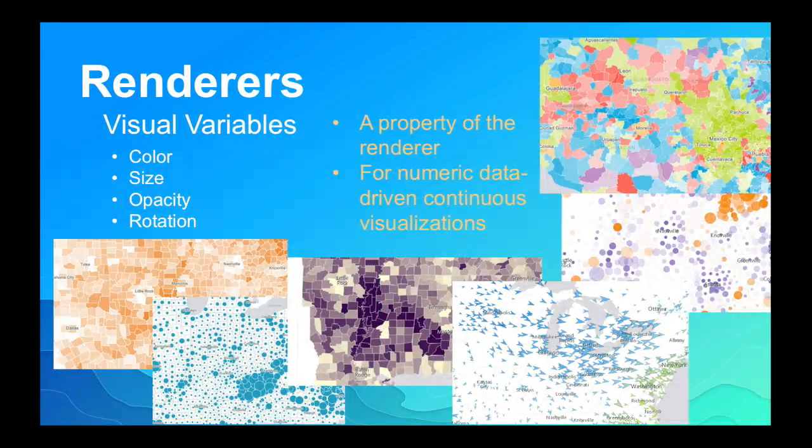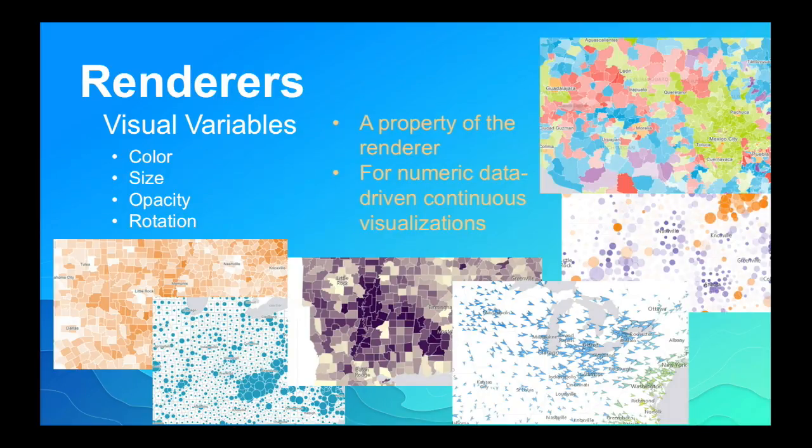And the last thing I wanted to cover with the renderers is the concept of visual variables. We'll go through this heavily throughout the session in our demos. Basically, you have these four available at your disposal: color, size, opacity, and rotation. And the general idea is that these are not intended for class breaks visualizations. They're all for numbers in your data, but you want to use some kind of continuous ramp.